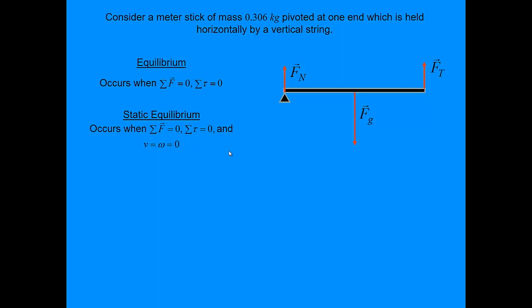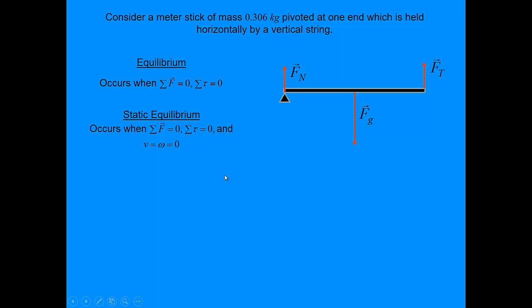If you think about building things, an architect better be able to put things properly into static equilibrium or your buildings are going to fall. So it's a very important special case. Again, it occurs when the net force and the net torque are zero and you don't have any motion, so the linear velocity and the angular velocity are all zero. Remember our use of omega for the angular velocity.